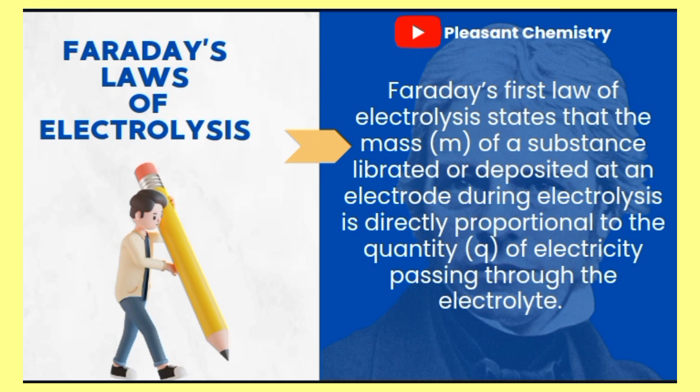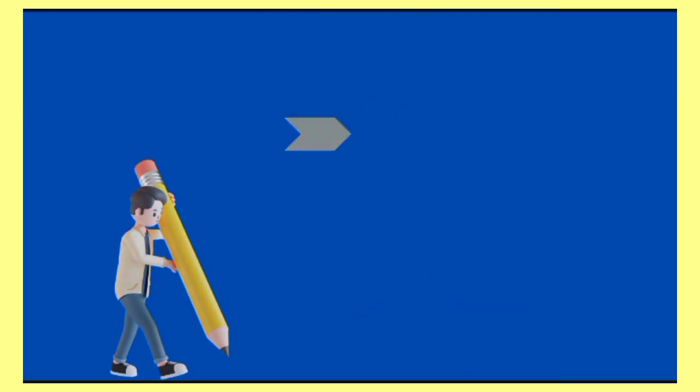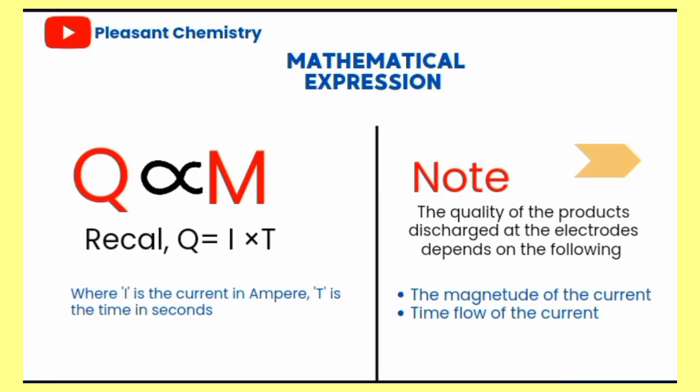What Faraday is trying to explain here is that the quantity of electric current that passes through the electrolyte determines the mass that will be deposited or the gas that will be evolved. So Faraday's law explains that the quantity of product we can get during electrolysis depends on two factors.